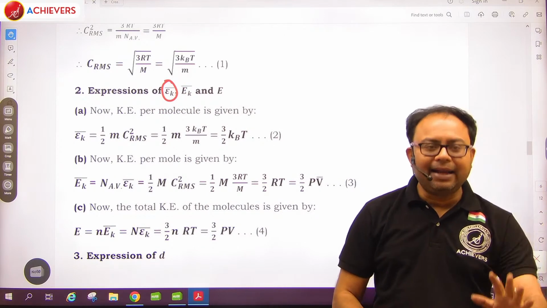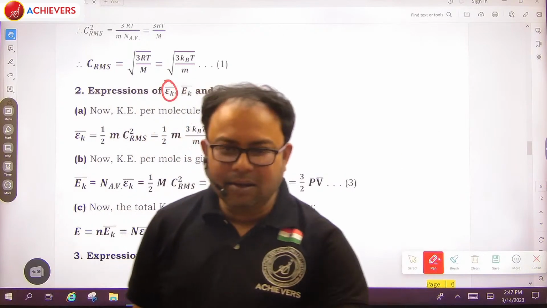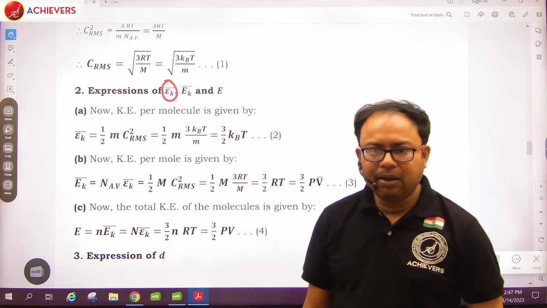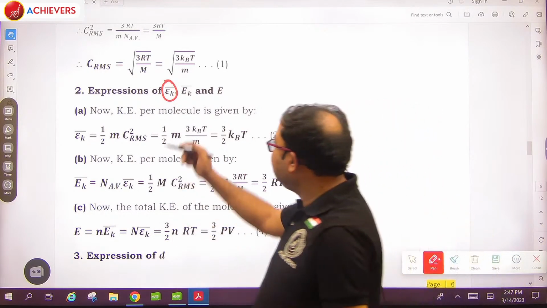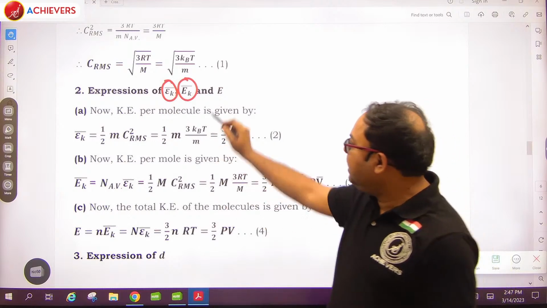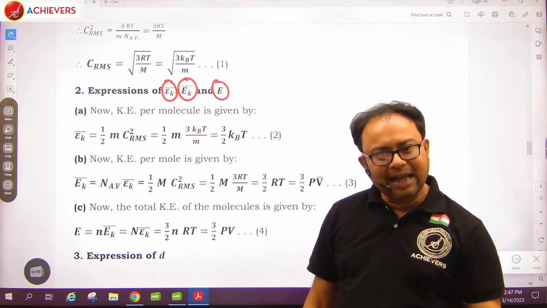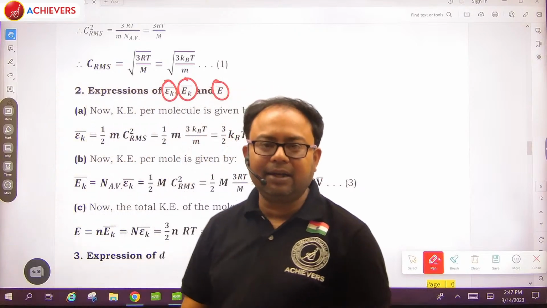K stands for kinetic energy. All the molecular energy is kinetic, nothing potential. So we are putting a k over there. So epsilon k bar is the molecular kinetic energy. E k bar is the molar kinetic energy. And E is the total energy. That too is kinetic in nature because you don't have any potential energy over here.